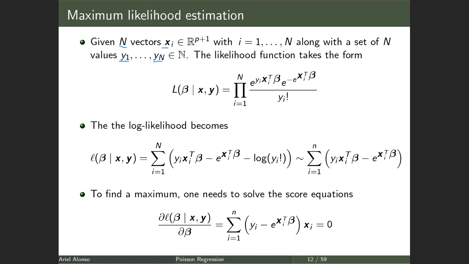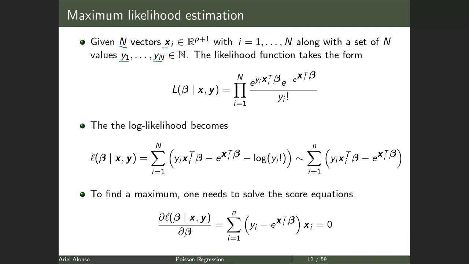Then the likelihood of your data, well, we know what it is. The likelihood is the probability, or the density, of the data. But you look at it now not as a density or as a probability, but as a function of the parameters, as a mathematical function. That's the likelihood.